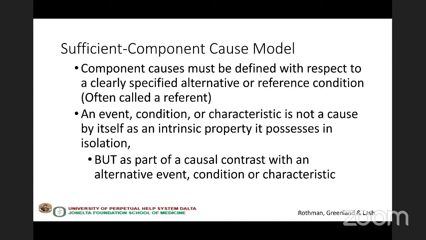So this is called your reference. So what is this? This is an event, condition, or characteristic that may not be a cause by itself or an intrinsic property it possesses, but is part of the causal contrast with an alternative event, condition, or characteristic.